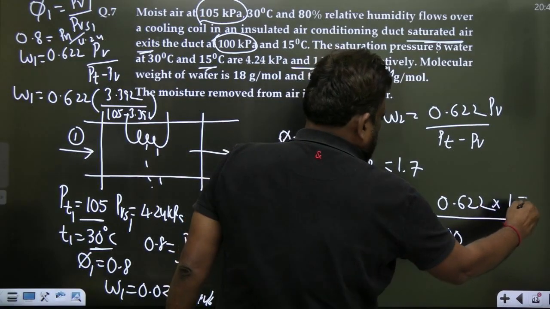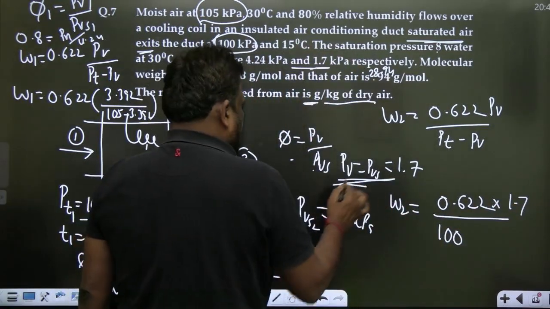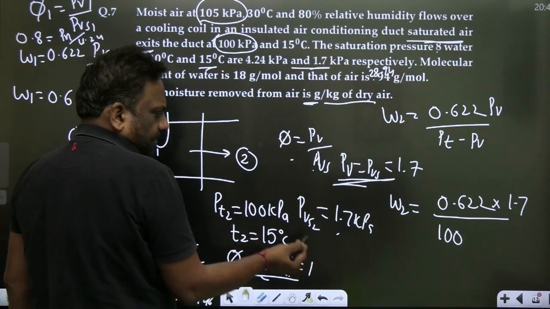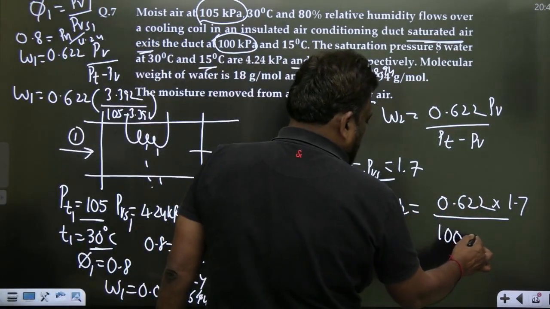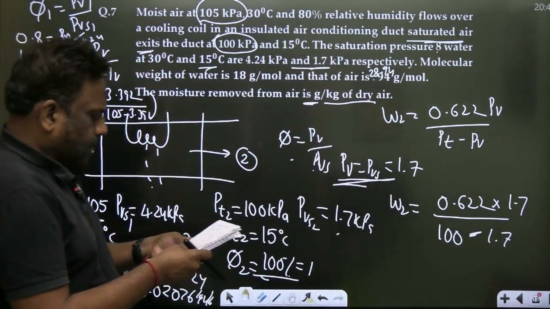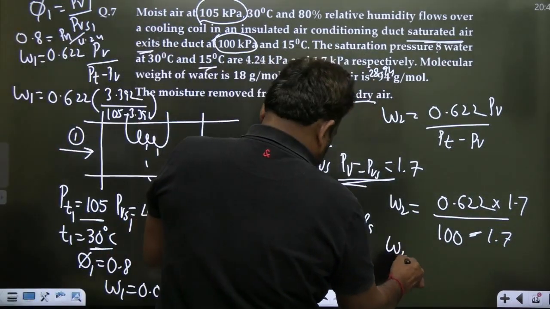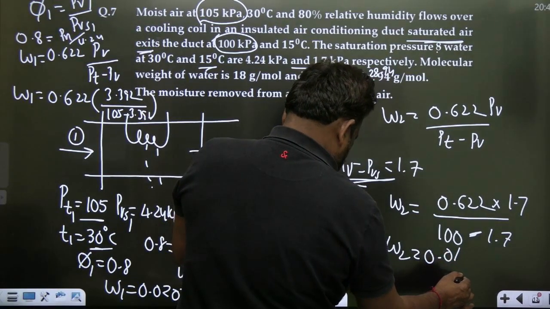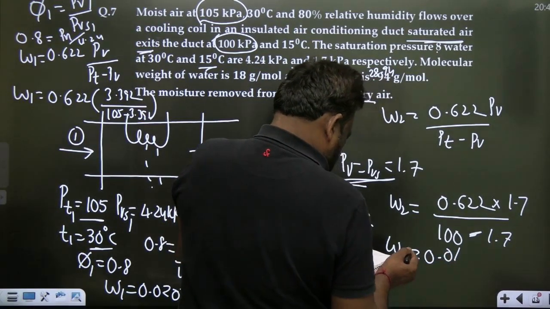What is PV, sir? 1.7. PV is 1.7 because whenever it is saturated, phi is 1. When phi is 1, PV and PVS are the same. So from here I will get the value of omega 2, and that omega 2 is 0.01756, I think, if I am not wrong.